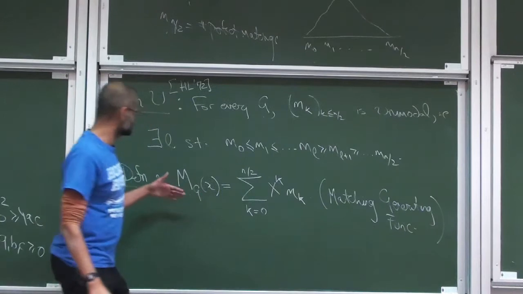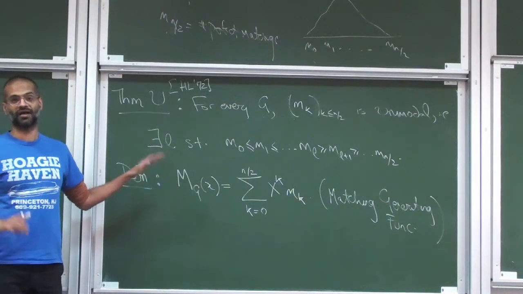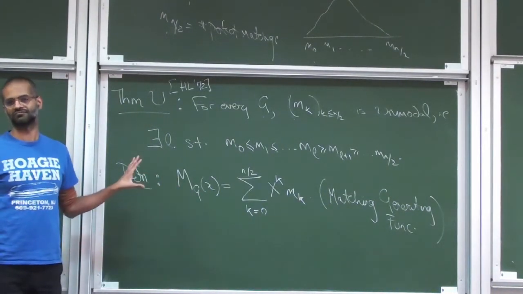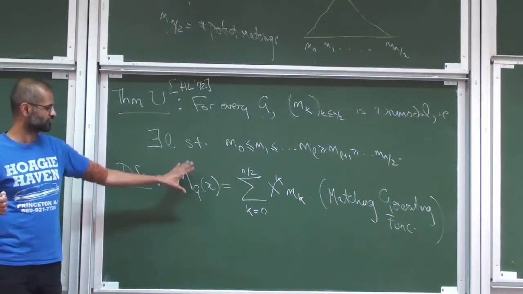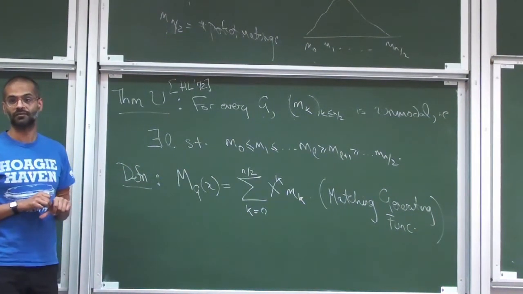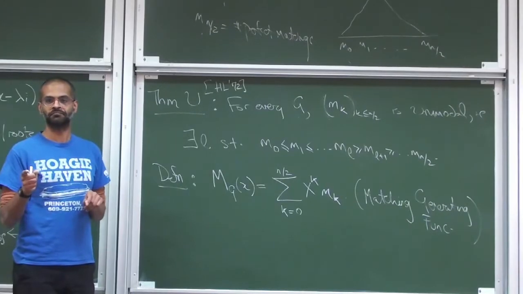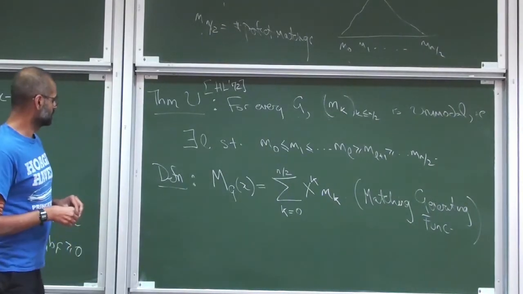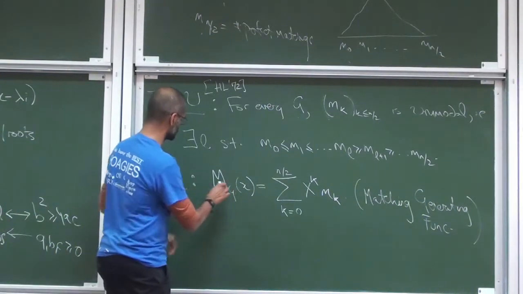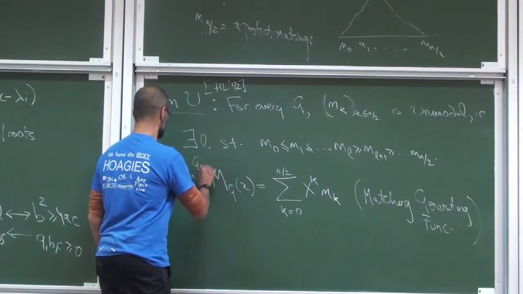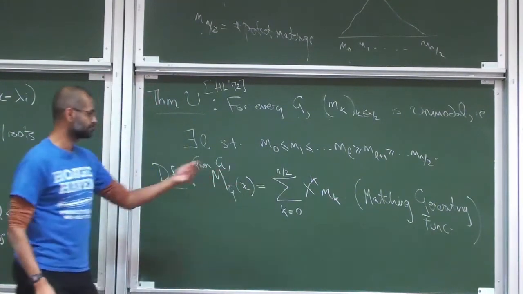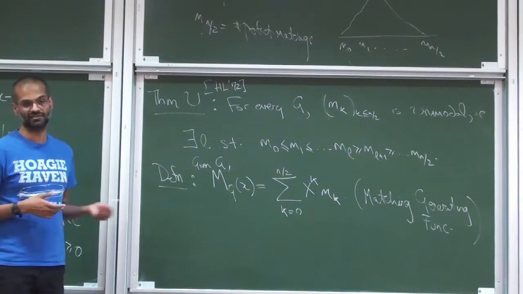Later on we'll see something very closely related called the matching polynomial, which is not quite this, but for now I'm just going to call this the matching generator. Any questions? Notation: M sub G, for the graph G. So given a graph G, let M_G be this polynomial. It's a degree n over 2 polynomial.